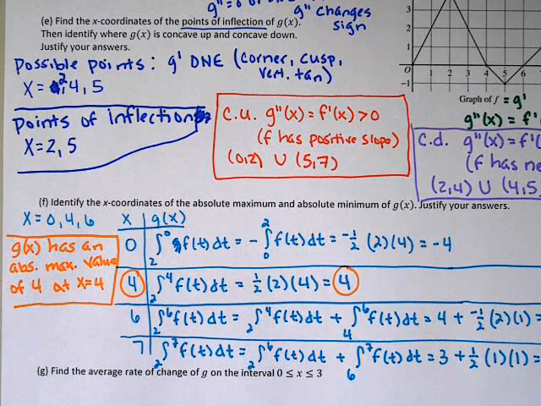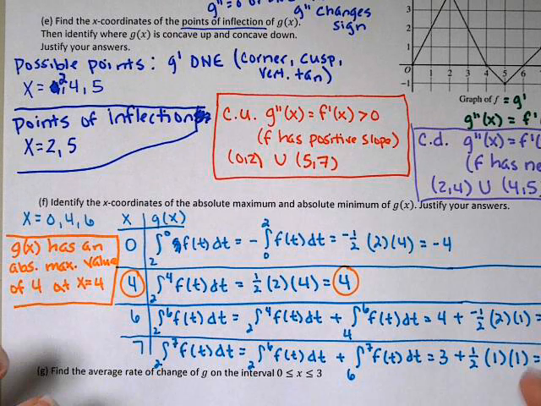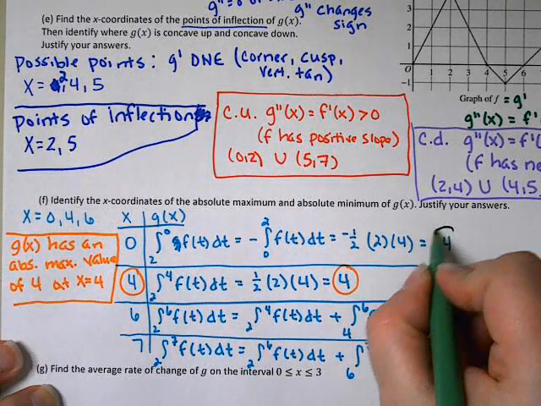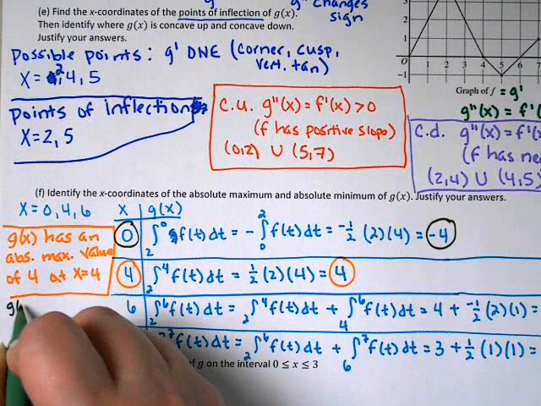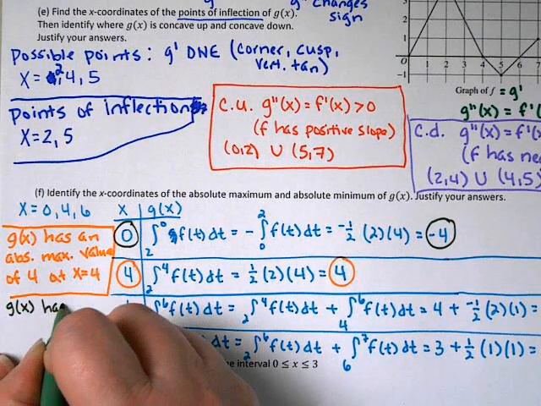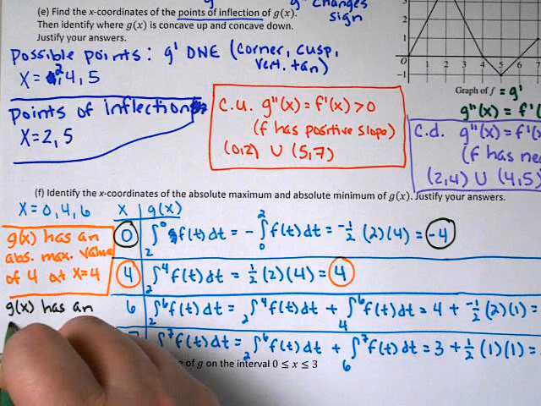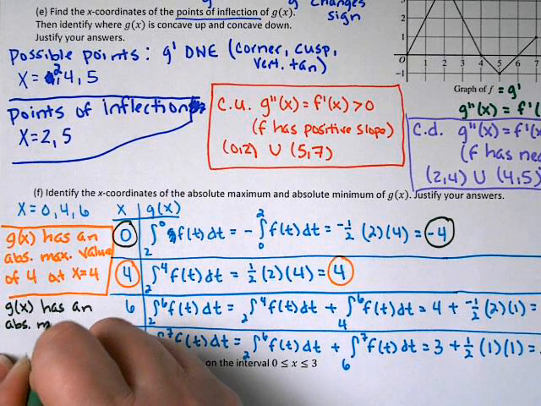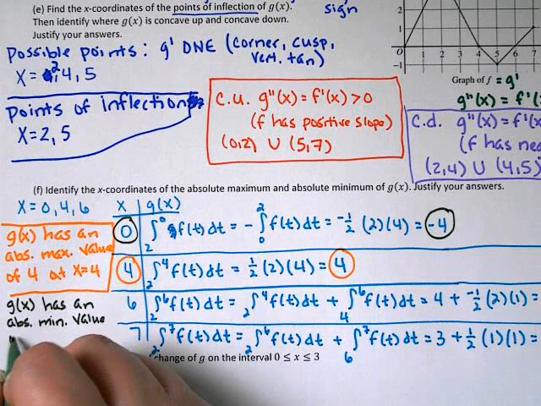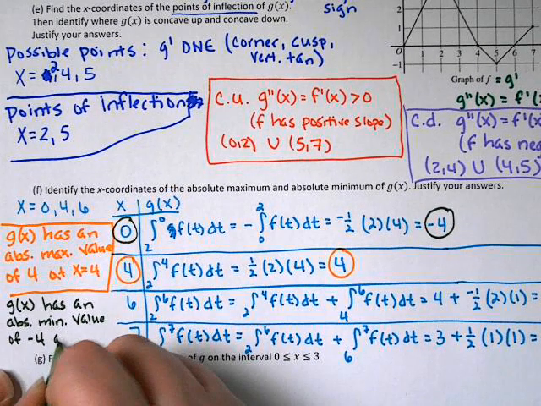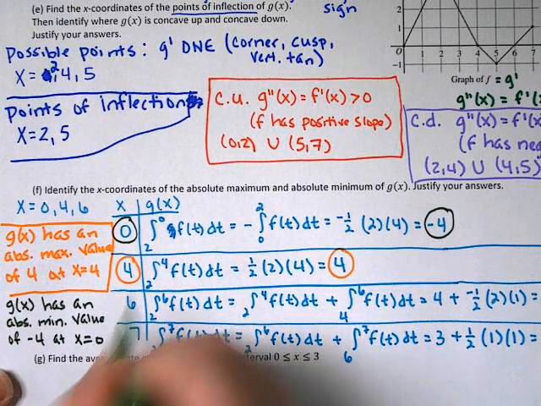And then I need to find the absolute minimum, so let's go ahead and do that. The lowest that this gets is negative 4, and that occurs at 0. So g of x has an absolute min of negative 4 at x equals 0.